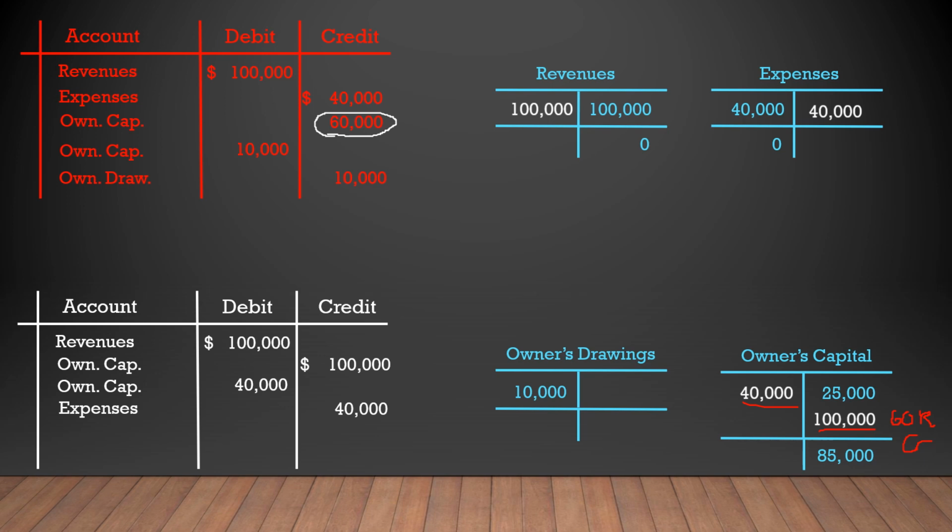In both instances, we credited owner's capital for the value of the year's net income. Afterwards, we close out drawings just as we did previously. When all is said and done, we have an ending credit balance of $75,000 in owner's capital, exactly as in the previous example.